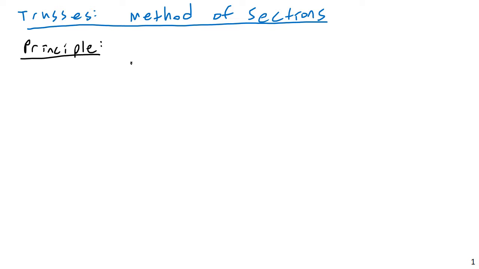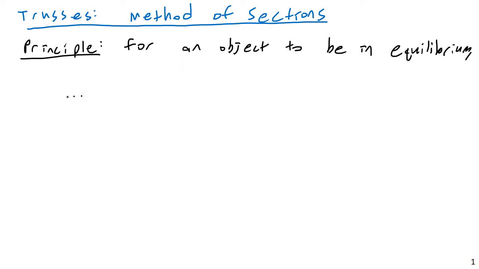Anyway, so the theoretical principle here is that for an object to be in equilibrium, every piece of that object must also be in equilibrium.